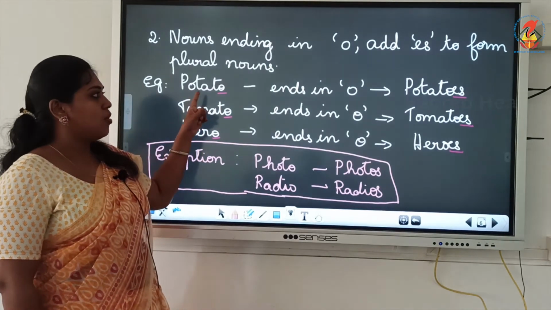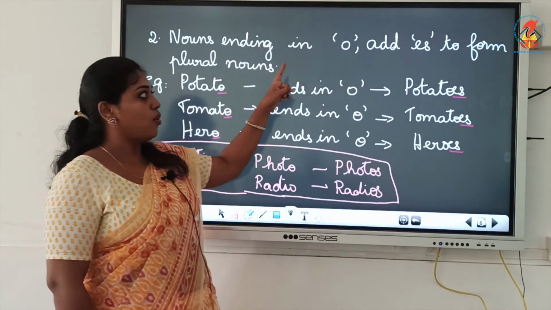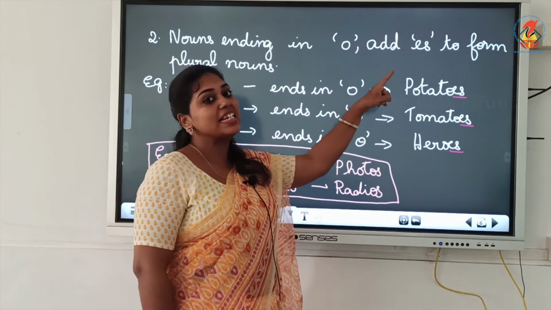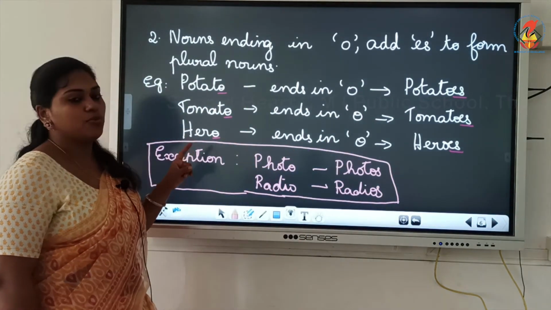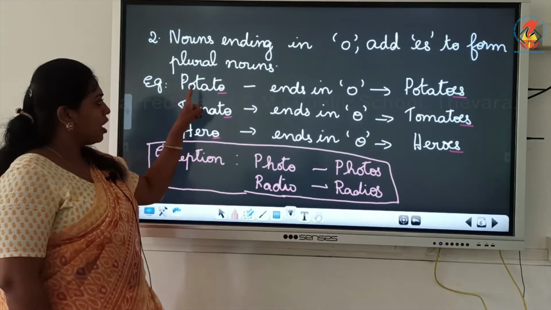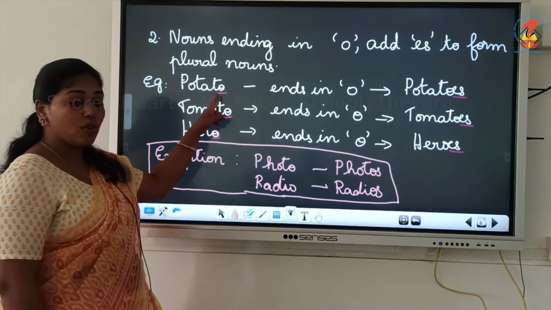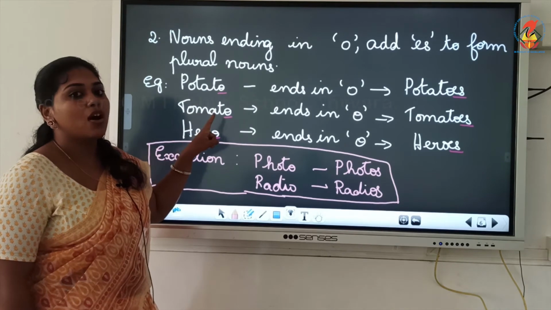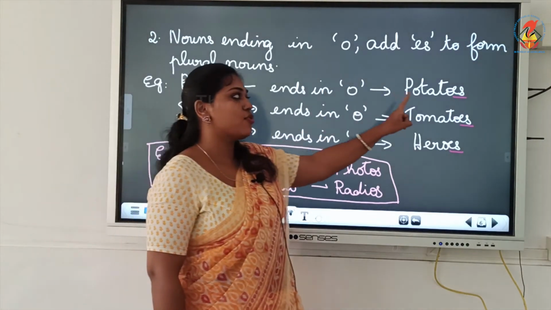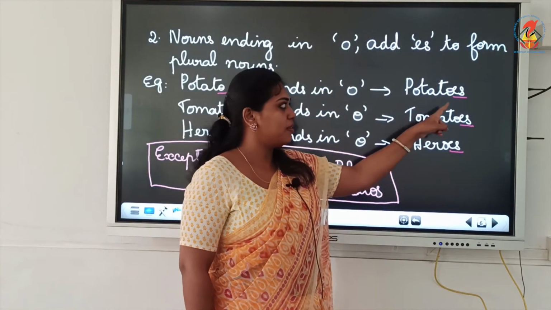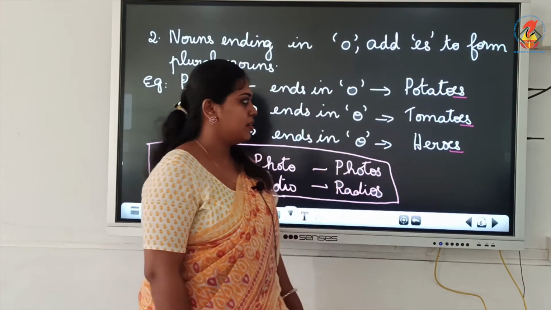If the noun ends with o, then we have to add es to form plural. Look at the word potato. The noun potato ends with letter o, right? So, if the noun ends with o, we have to add es to the word. So, potato will become potatoes.